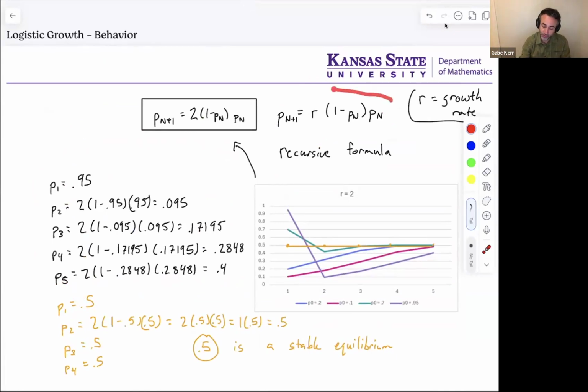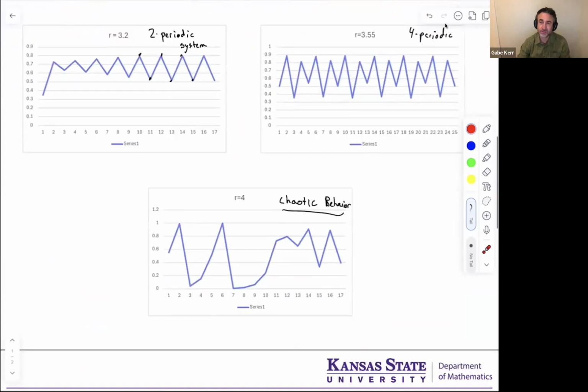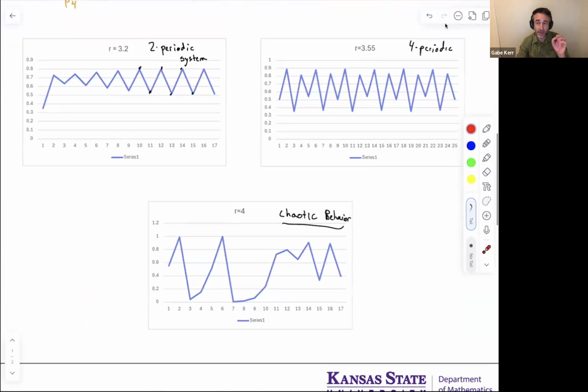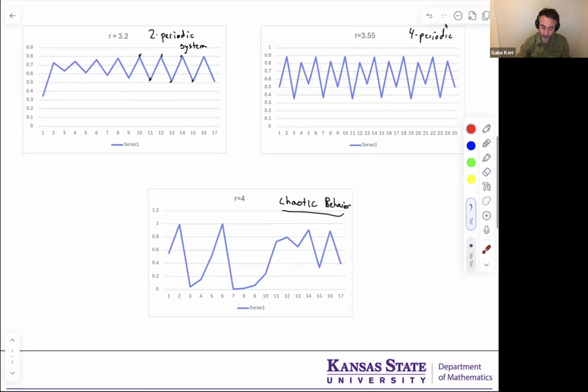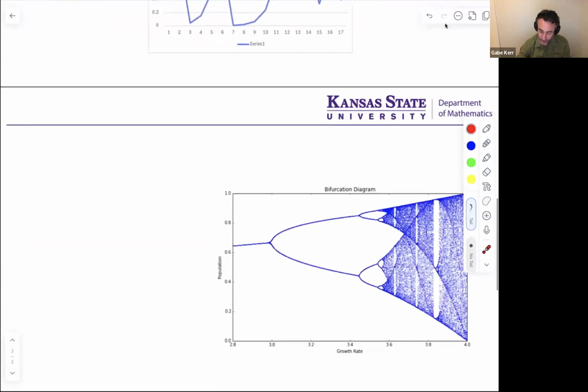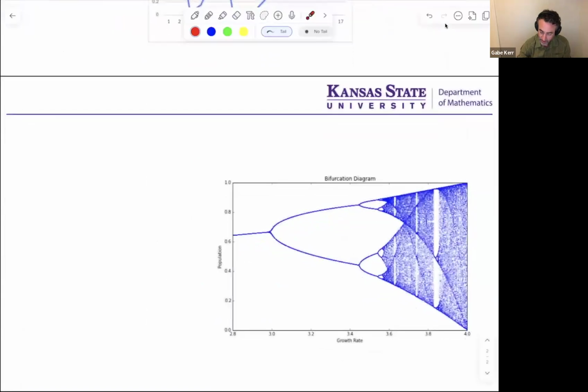So we have a very simple recursive formula, and yet the behavior becomes fairly chaotic just by changing the growth parameter up. So in fact, this is a model where chaos starts to take hold. And mathematical chaos is a subject that has been studied for several decades now.